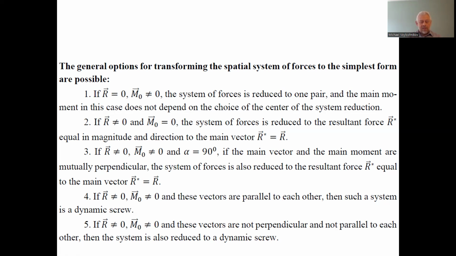So we can just move the moment to the point of application of the resultant force R. It can be the point of reduction of the system of forces acting on the mechanical system. And consequently, we have the dynamic screw: two efforts, force and moment, applied to the same point, acting on the same line.